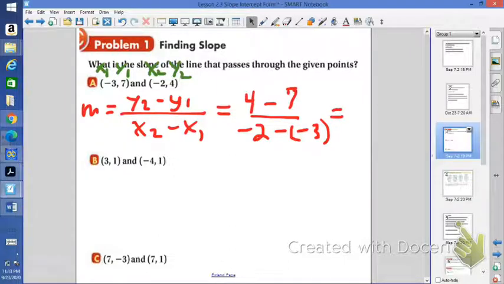Alright, so 4 minus 7 is negative 3, and negative 2 minus a negative 3, the double negative becomes a positive, so negative 2 plus 3 is equal to 1. So our slope equals negative 3 over 1, or negative 3.